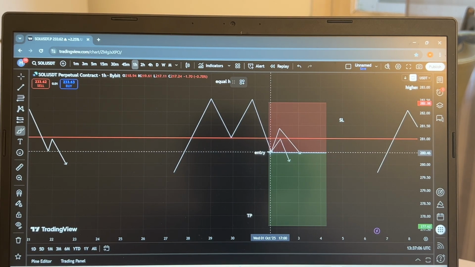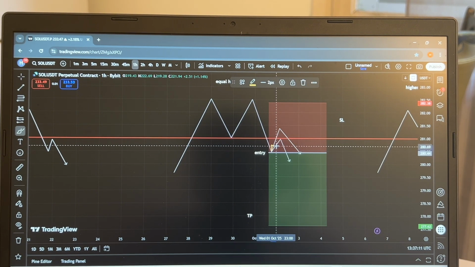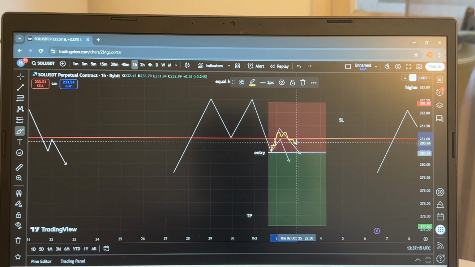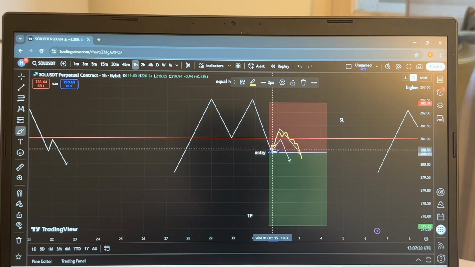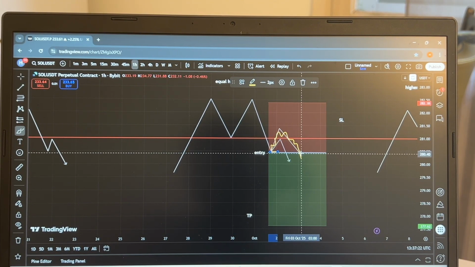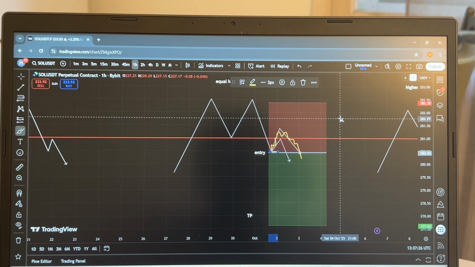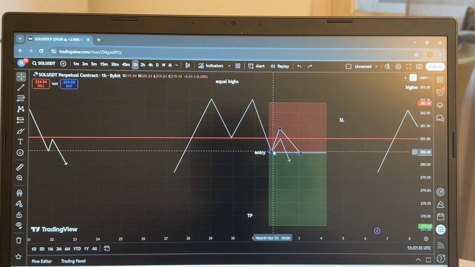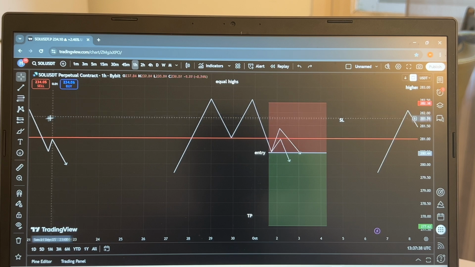Like I said, after making a low somewhere over here, the market is going to do its thing and reverse at some point, and hunt this low. Wait for that high to happen. Once that high is formed, we have a clear idea where to put our stop loss. So let's say in this case it went here.